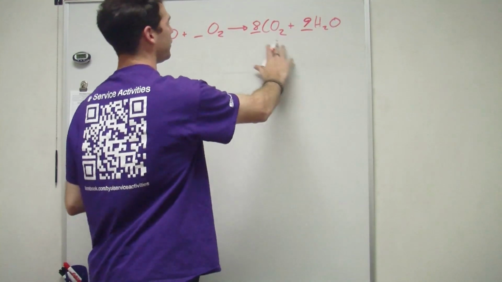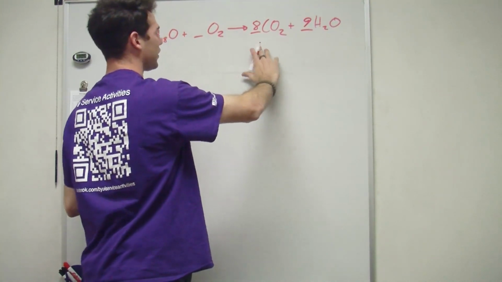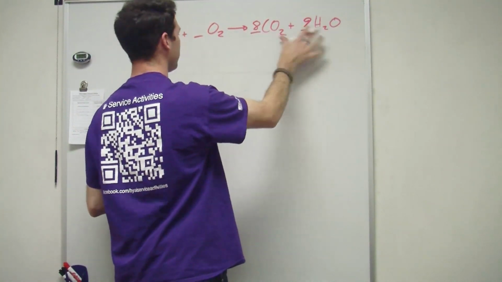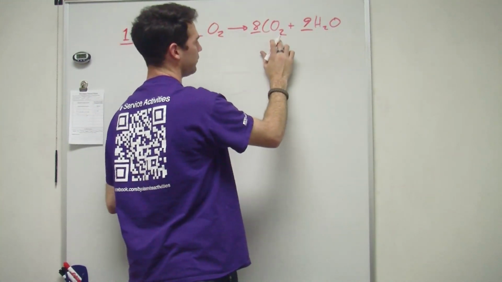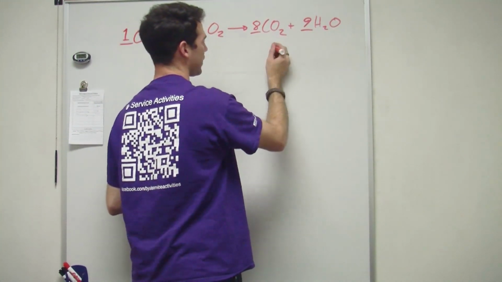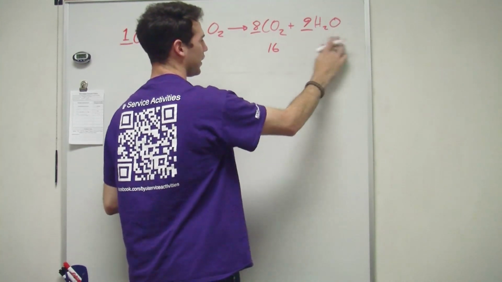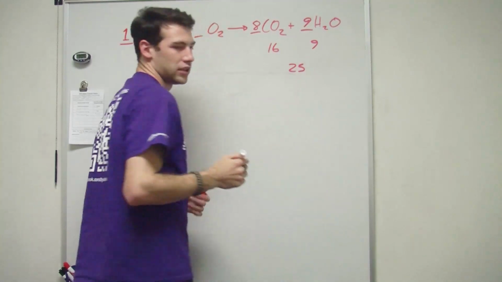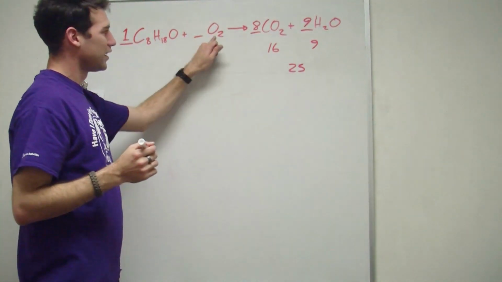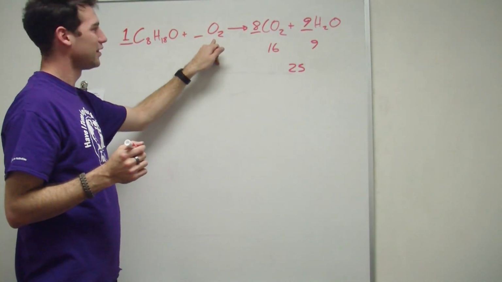Now we're going to look at the O's. We're going to take the O's to plug it in over here. So we have 8 O2's there, so we got 16, and then we got 9 O's there, for 25. Okay, so we have 3 O's on that side, right?